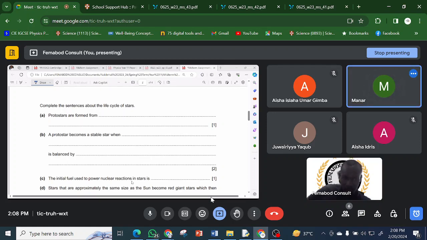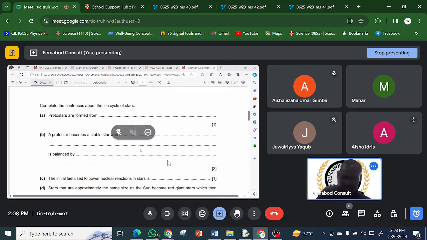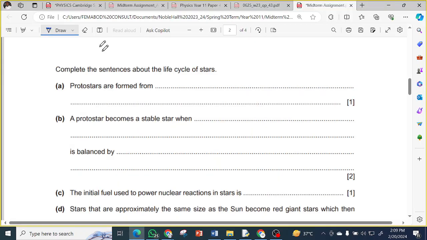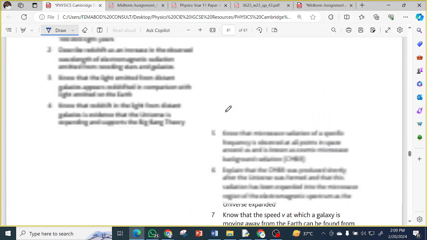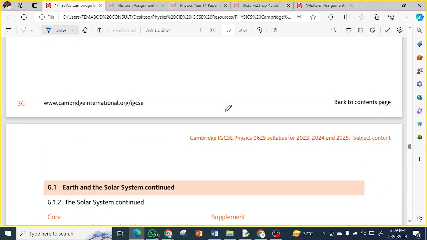Yes, good. So that is exactly how you are going to approach that question. A protostar becomes a stable star when the inward gravitational force is balanced by the outward heat energy. Yes, that's more appropriate. So let me quickly get that information from our page again.